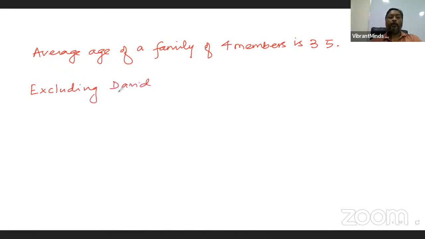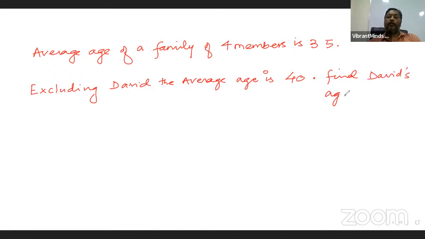Excluding David, average age is 40. The question says find David's age. Okay, go ahead. Can you solve it?